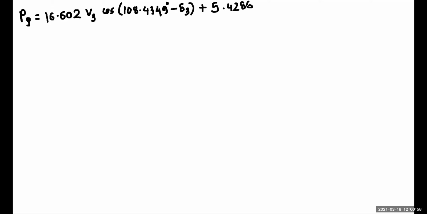4286 cos, oh no, V3, there is a V3. V3 cos 108.4349 minus delta 3 plus delta 2, right? Yes, sir. 4349 degree minus delta 3 plus delta 2.